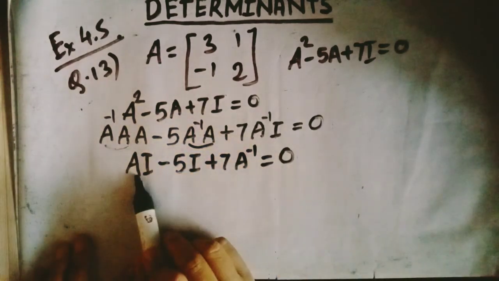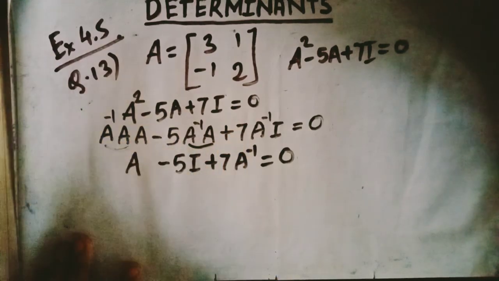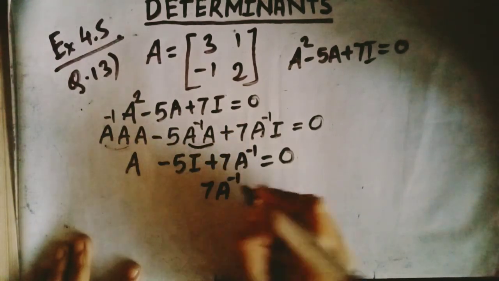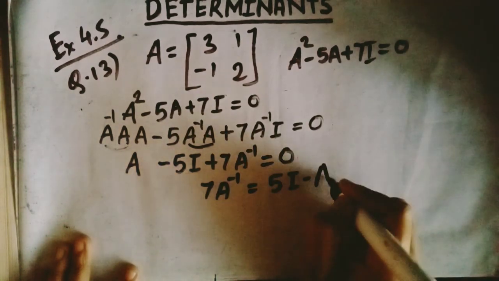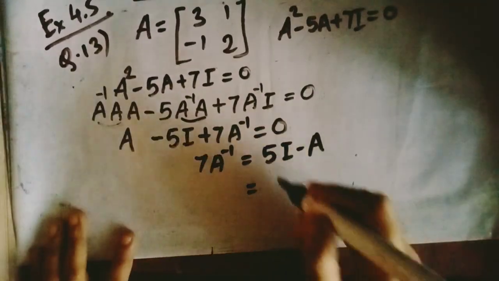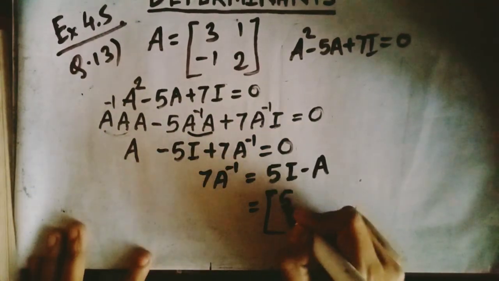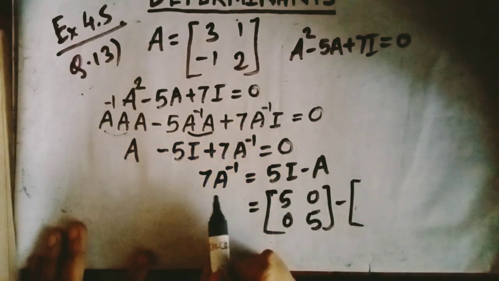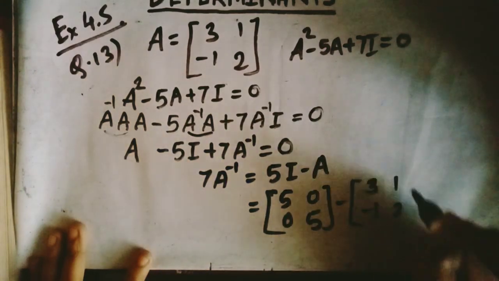These two terms you can take to that side. A into I is again A. So 7A inverse equal to 5I minus A. Put the values: identity matrix [5 0; 0 5] minus A, which is [3 -1; 1 2].